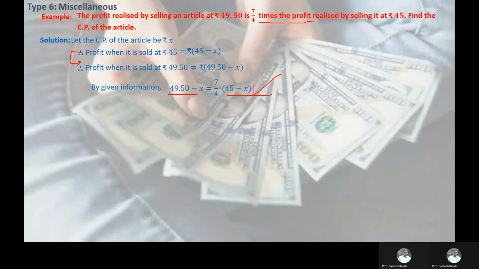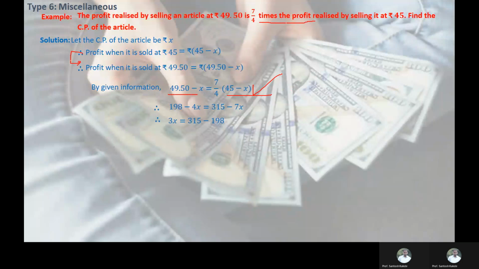So you just know what relation is given here. Times means you have to multiply all these quantities. Simplifying, we get 4 into the left hand side, 198 minus 4x, is equal to 7 times 45, which is 315 minus 7x. Simplifying, put x terms on one side and all the numbers on another.